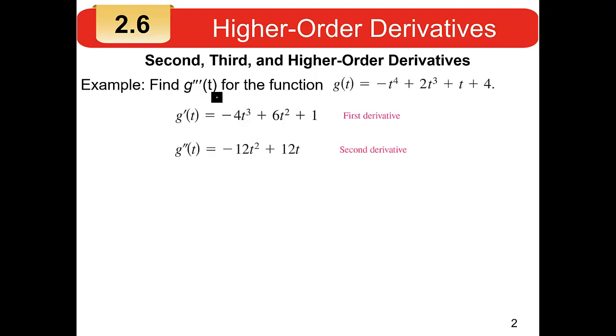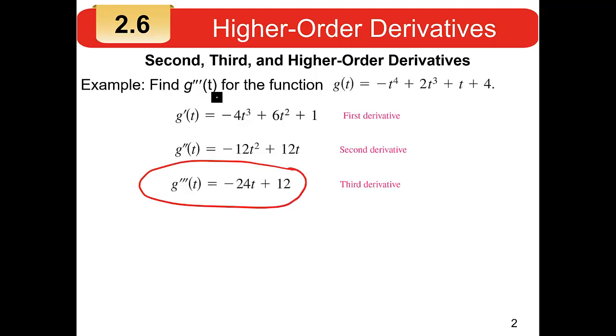That's the first derivative. Then you take the derivative of the first derivative, and you get minus 12t squared plus 12t. That's the second derivative. And then, of course, the third derivative, which is what you're looking for, would be the derivative of the second derivative. So the third derivative, g triple prime of t, would be negative 24t plus 12.